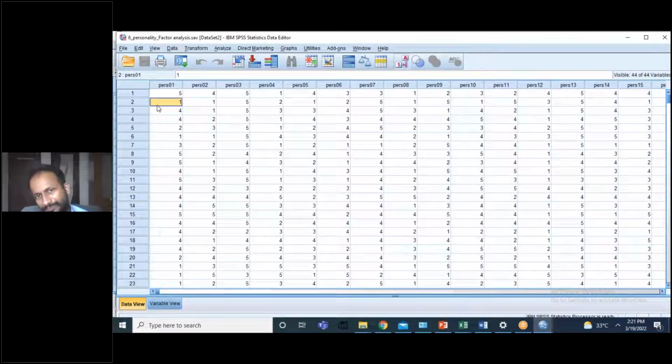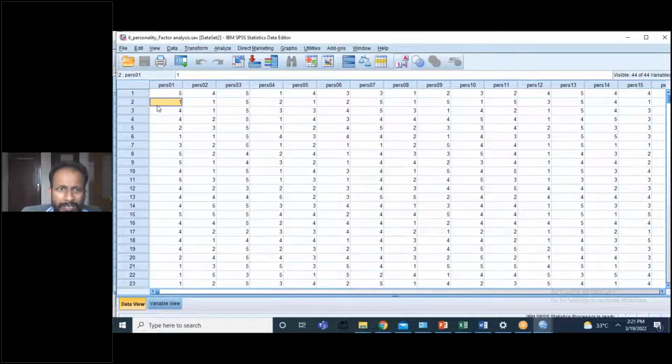Now, with this data, first we are going to perform factor analysis. What is meant by factor analysis? Factor analysis is basically a data reduction technique where we reduce the number of variables.